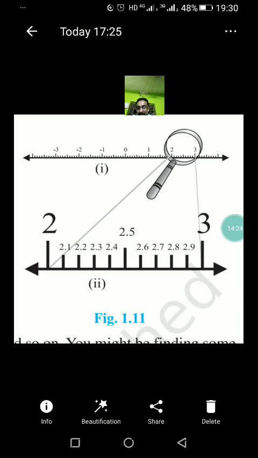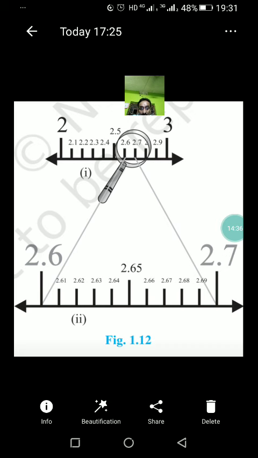To have a clear view, you may take a magnifying glass and look at the portion between 2 and 3. It will look like what you see in figure 1.12.